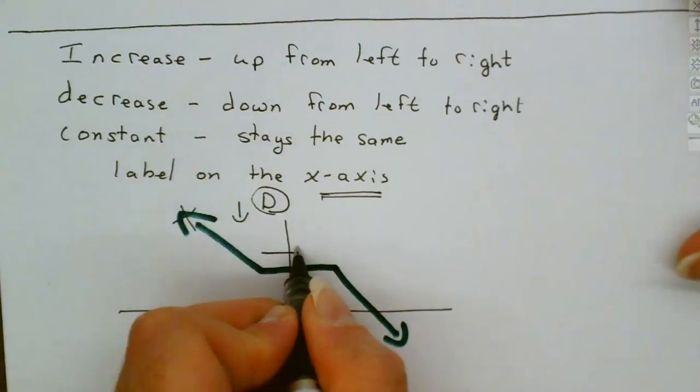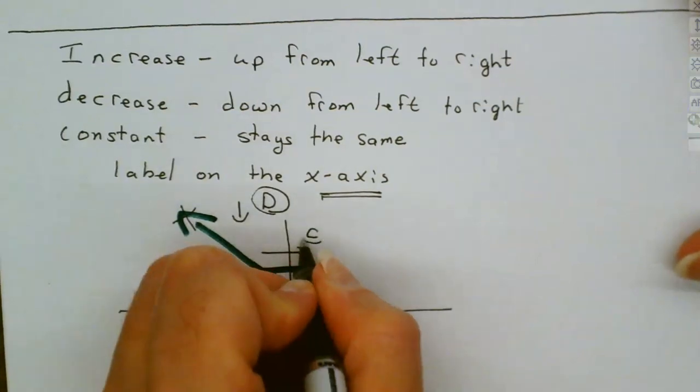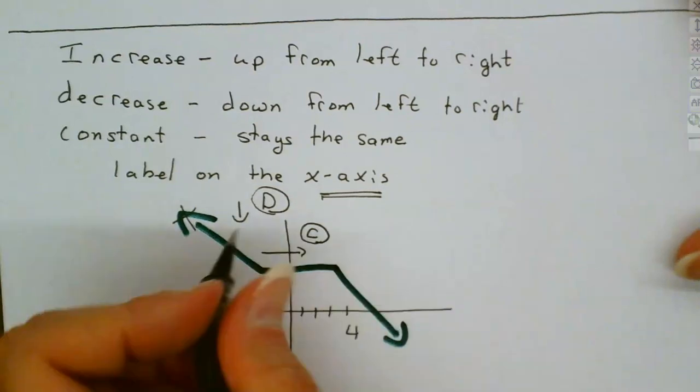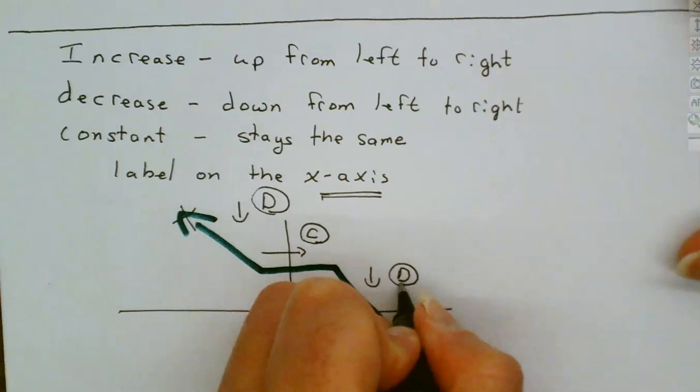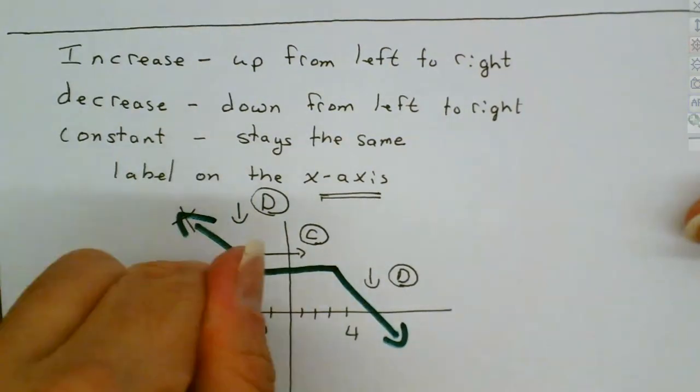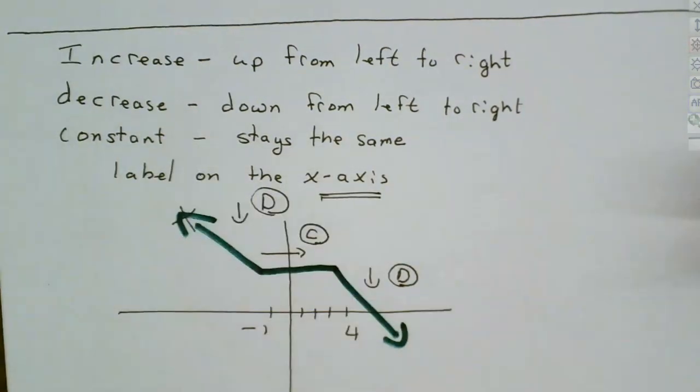Then we go across. So that's a constant. And then it goes down again. So that's another decrease, right? Decreases, stays the same, goes down. Does it ever increase at all? No. Now, when we put these together, if it's 2 parts, like the decrease, we use a U for union.